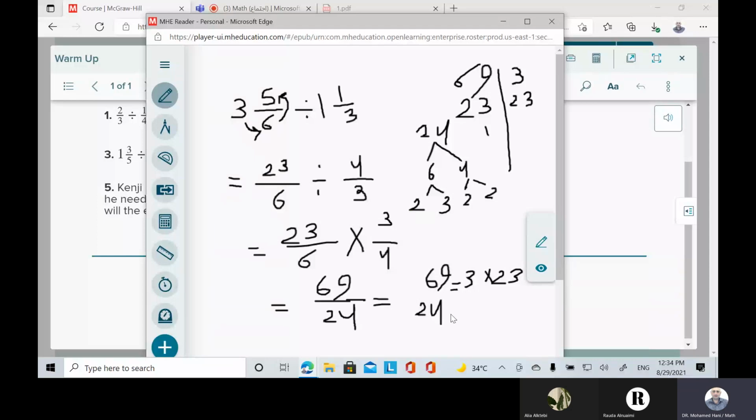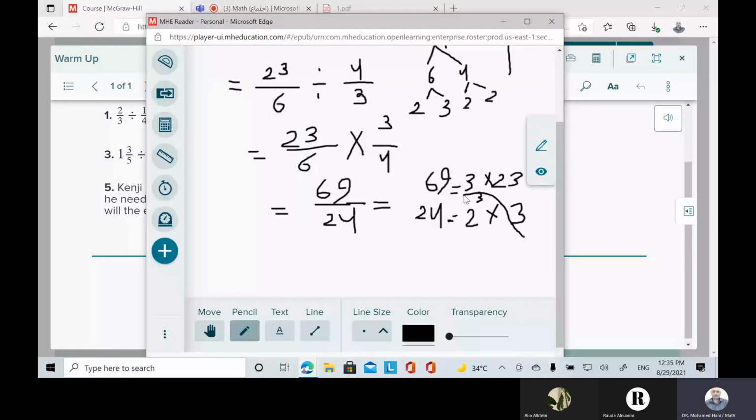So the factors, we have 1, 2, 3, means 2 exponent 3 times 3. What is the common factor between them? As you see here, we have 3 common. There is a 3 in the 69 and there is a 3 in the 24. Means the GCF equal 3.